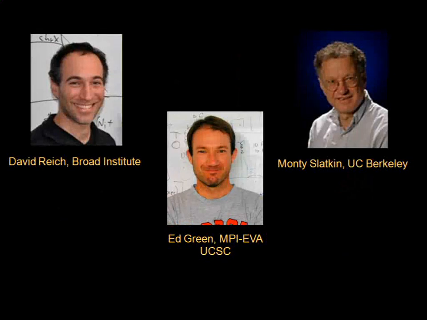Another crucial person was Ed Green, who coordinated much of the bioinformatics in Leipzig and is now at UCSC, and was also featured yesterday in the keynote talk by Stephen Brenner. He's a very crucial guy. And the population genetic analysis was done particularly by David Reich here at the Broad, and Monty Slatkin at UC Berkeley.